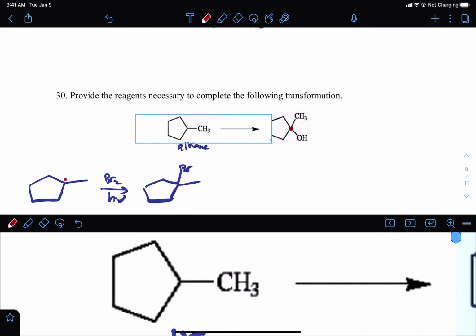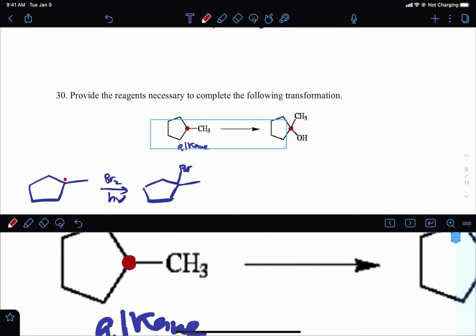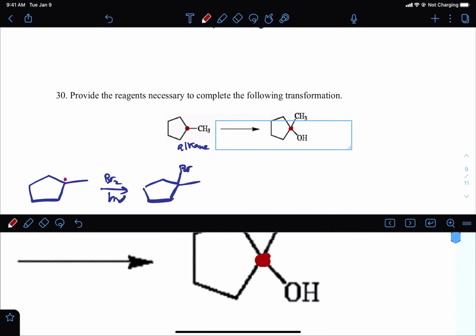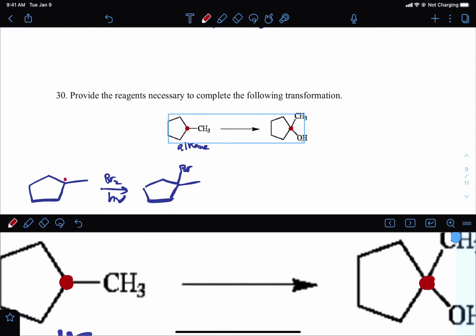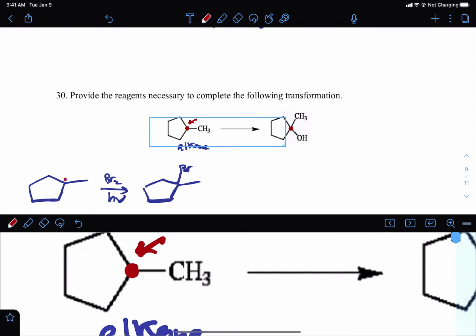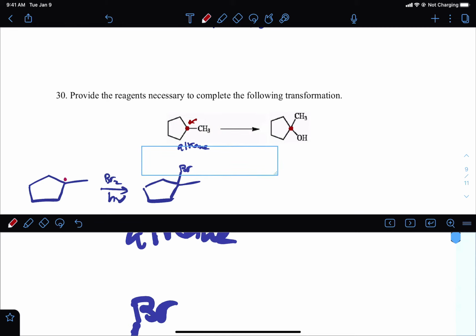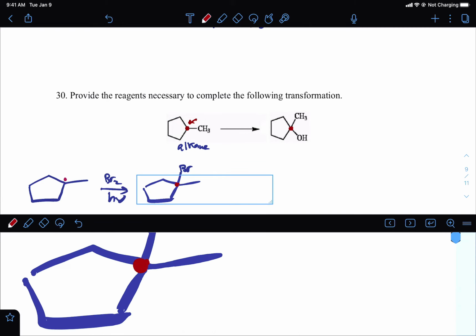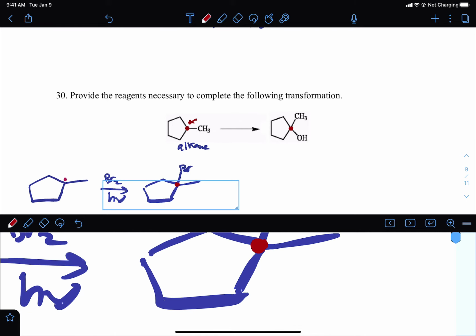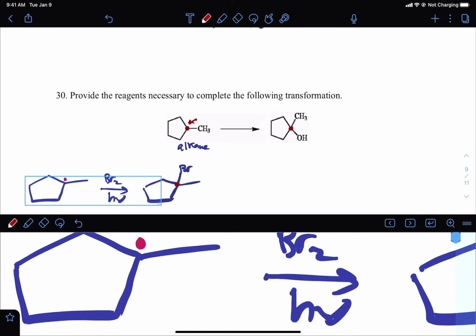My thought process when I saw this was, we want the OH to end up on the position which is the most likely position to receive the halogen when we do the free radical halogenation, which is pretty much the only thing we can do from an alkane.